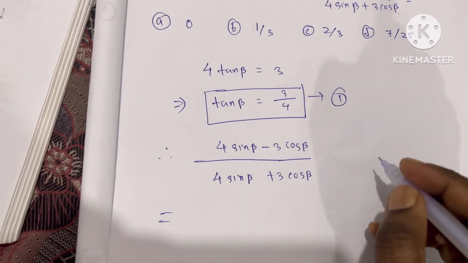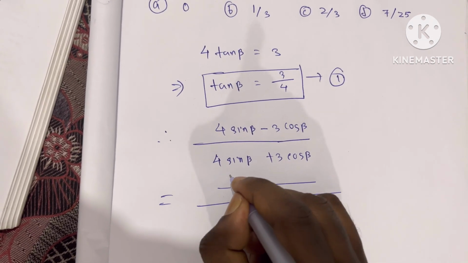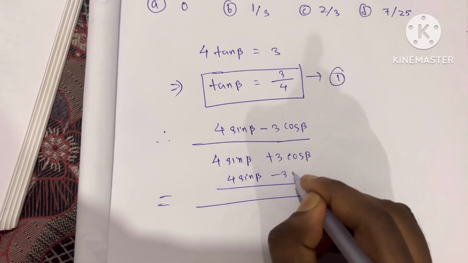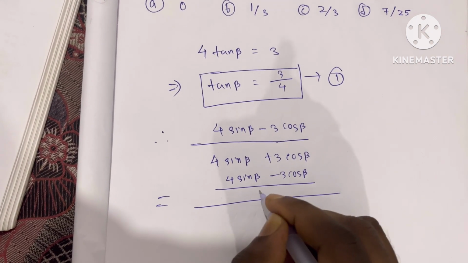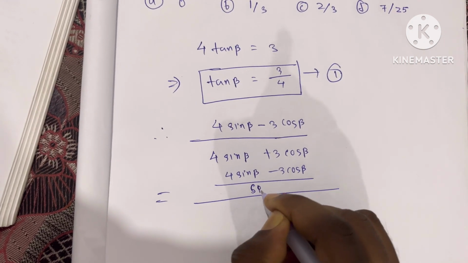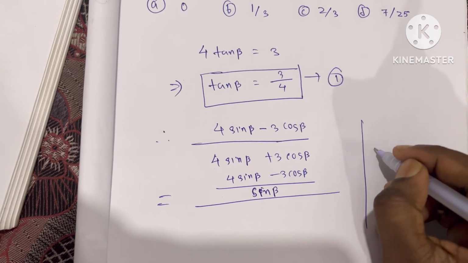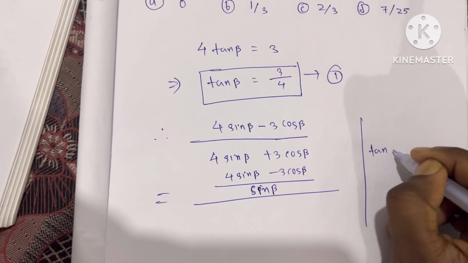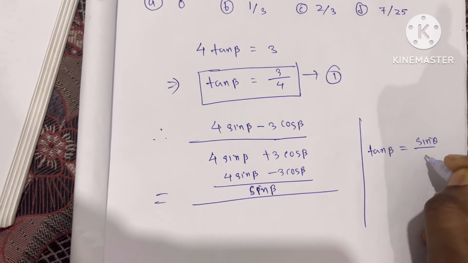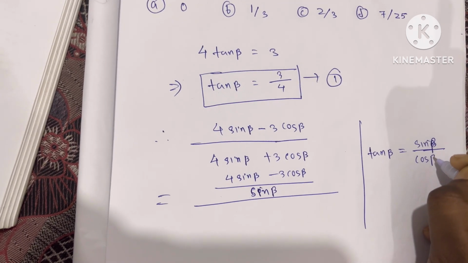If you divide both numerator and denominator by sin beta, then what will we get? You can divide by cos beta also, because I have the value of tan beta. So tan beta means sin beta by cos beta.